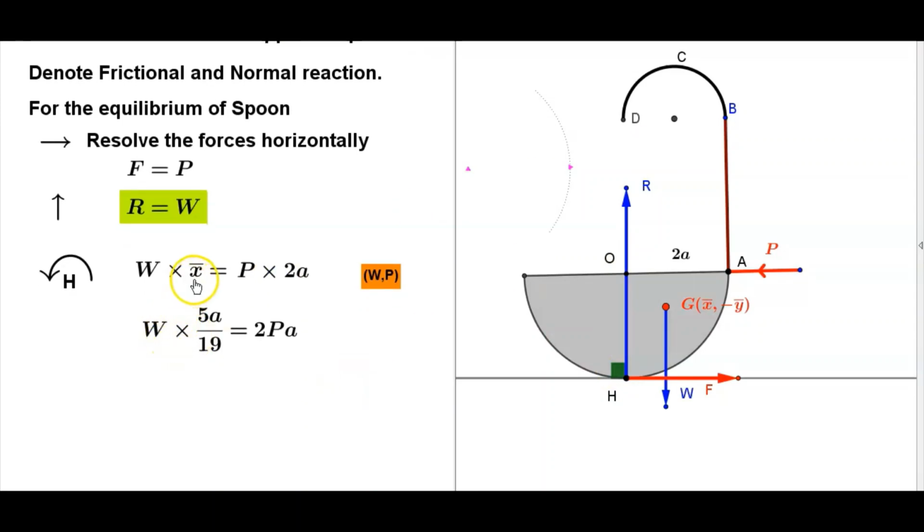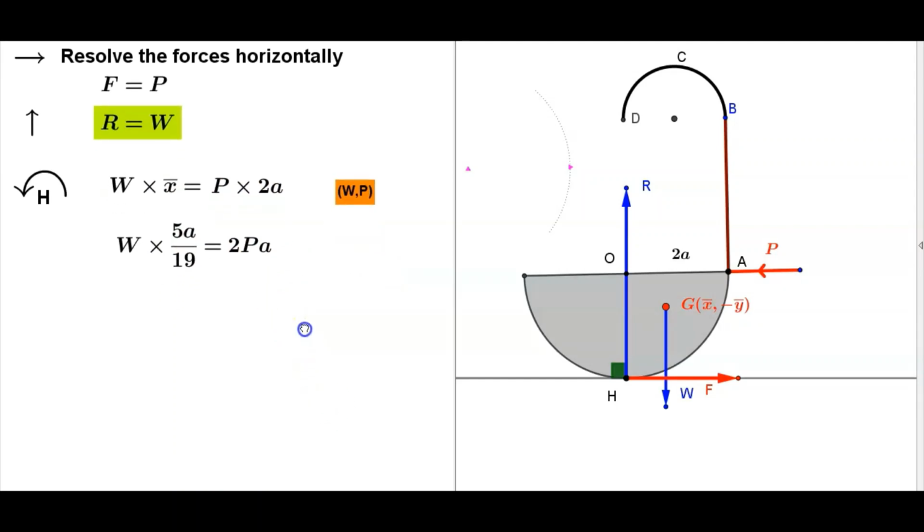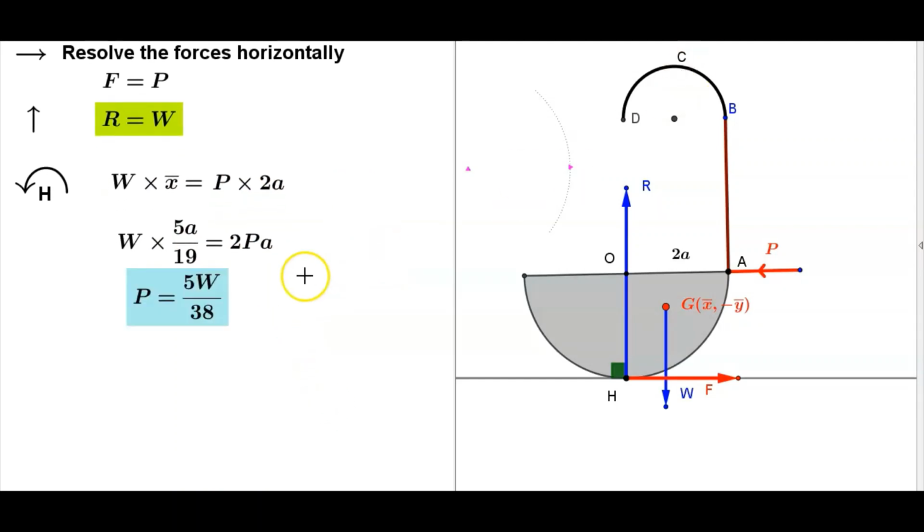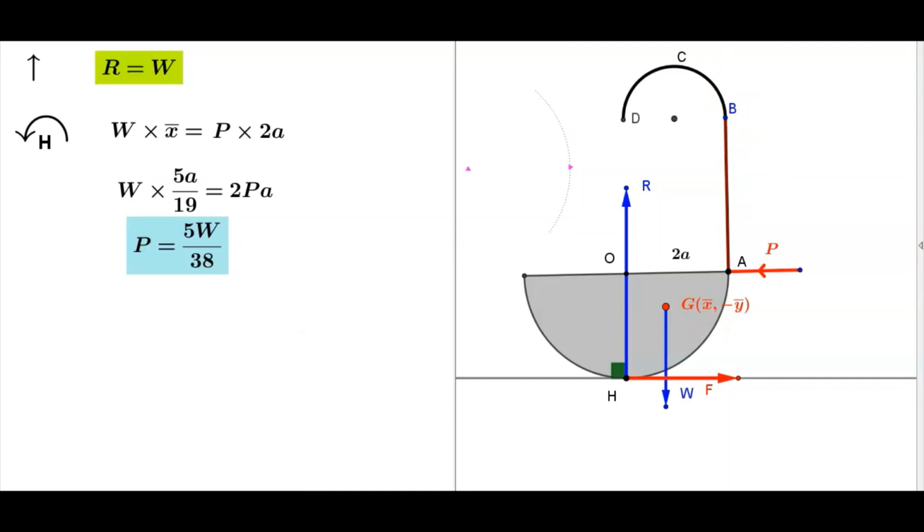W into x bar, we already found in the previous part as 5A over 19, is equal to P times 2A. Therefore, P is equal to 5W by 38.